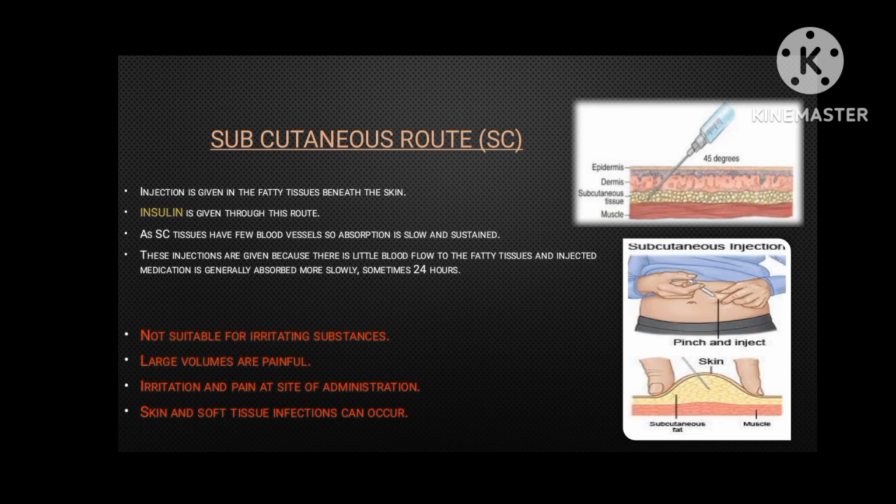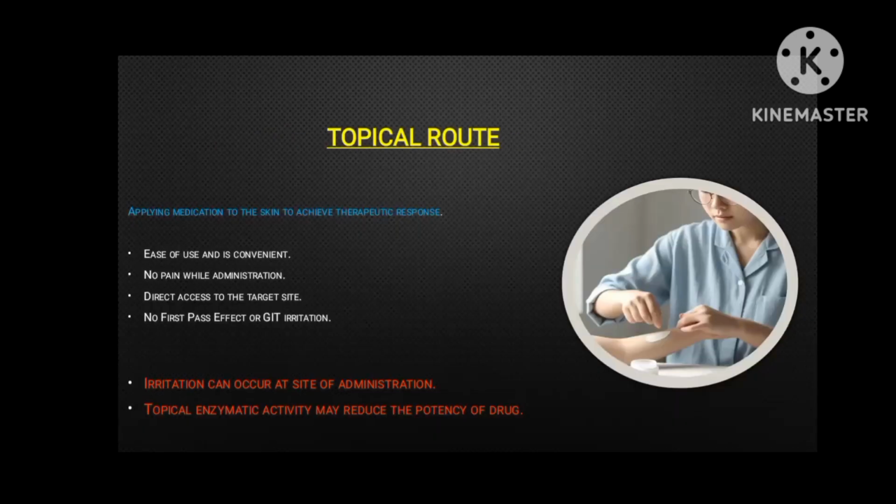Insulin, which is used to manage diabetes, is injected into the subcutaneous tissues or through SC route. This route also has disadvantages as it is not suitable for substances that cause irritation. Larger volumes of drugs can be painful, and irritation and pain at site of administration can occur.